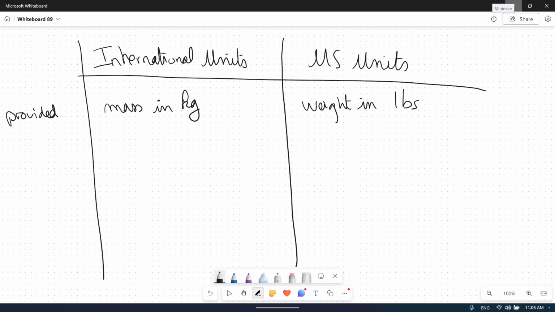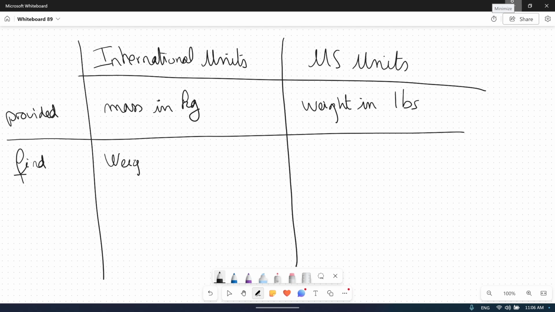What do we need to find? From here, that will be the weight in Newtons, and your weight will be equal to the mass times g, and g is equal to 9.81 meters per second squared.